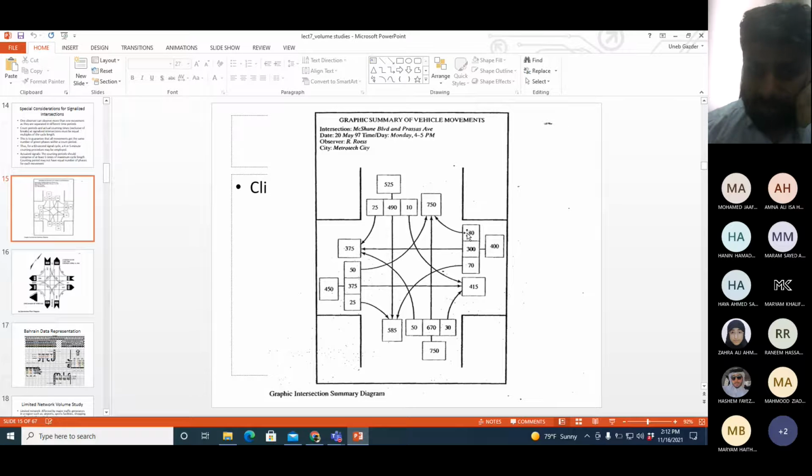You can see the box, and with each box you can see the arrow. So the arrow is basically showing the direction of movement. Okay, so 30 are going right, 300 are going straight, 70 are taking left turn, and so on and so forth. So boxes are representing the value of the volume, and the arrows and their connection are showing the direction of movements.